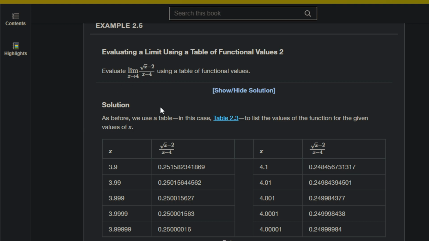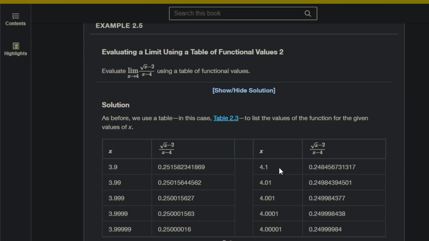But right now, let's just focus on the table, and then we'll look at the graph as well. As we look at values getting closer and closer to 4, so we look at 3.9, 3.99, 3.99999, we see that this is getting closer and closer to 0.25, with the last value being 0.250000016.